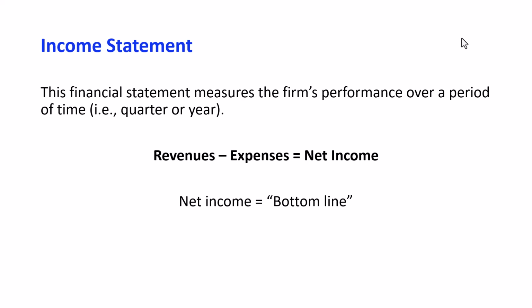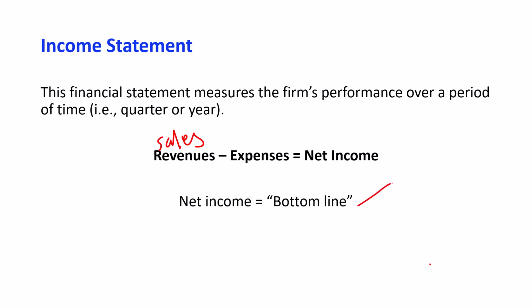And it's very simple. What you do in an income statement is you start with the revenues or sales that you generate over a year or a quarter or whatever period you're looking at, and you subtract the expenses, and you end up with your net income or your accounting profit. That's why sometimes we call this net income the bottom line of the company.